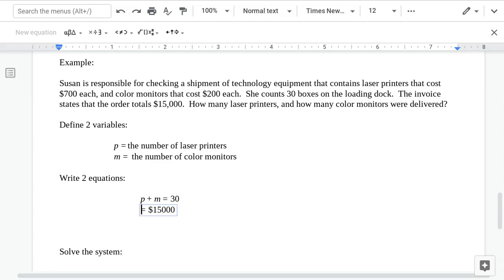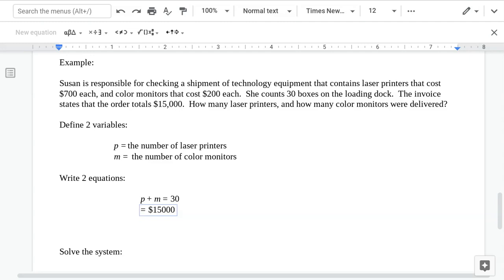Now, something else that we can do that eases the task here, you notice 15,000 is a dollar amount, and we have two other numbers that also incorporate dollar amounts. Generally, those values will all be in the same equation together. So I know that I need to use that $700 and that $200 in this case.